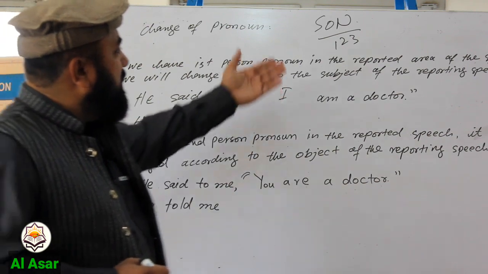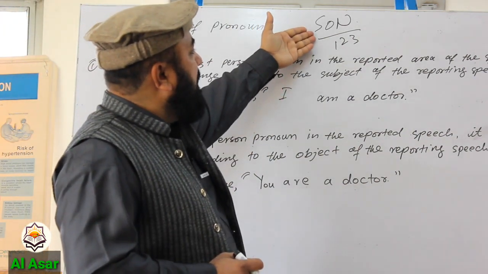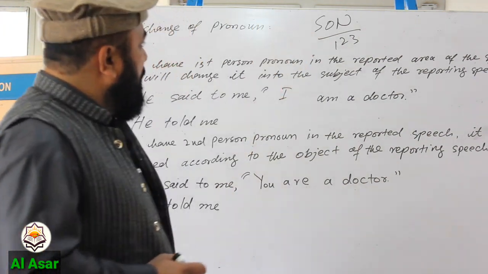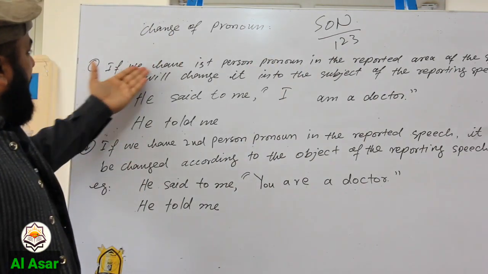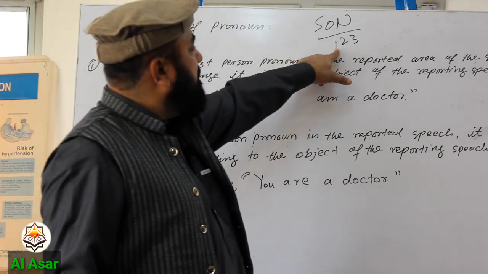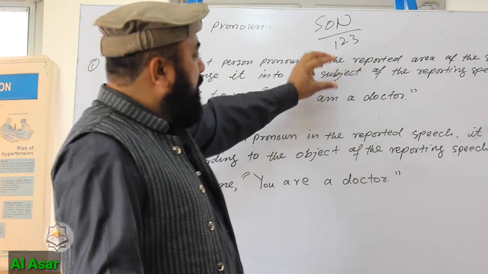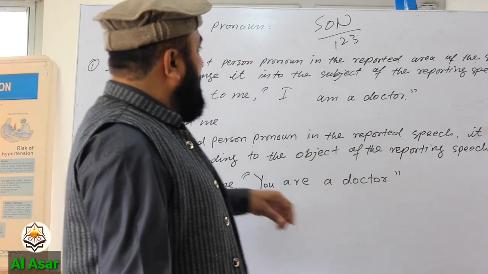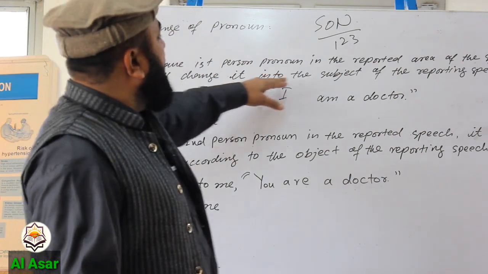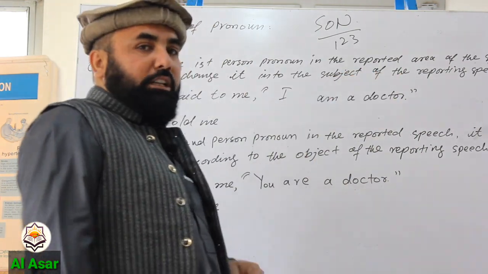We will use this formula, SON by 1, 2, 3. What does it mean? If we have a first person pronoun in the reported speech, we will change it into the subject of the reporting speech.